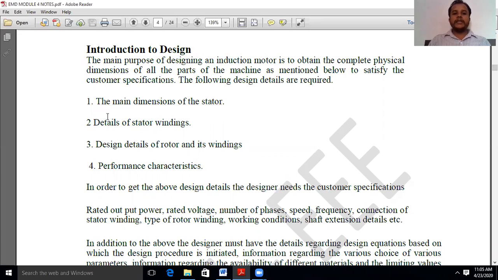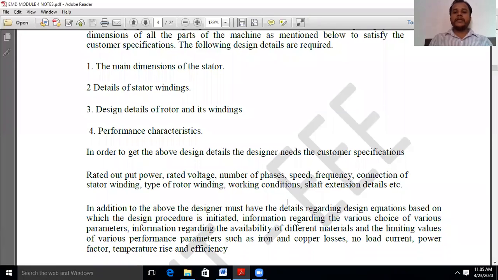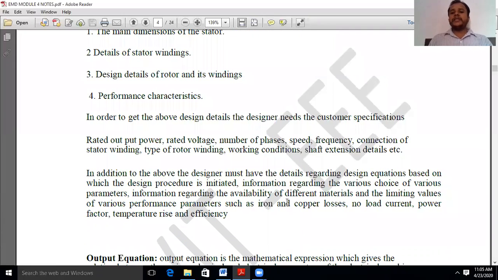Second, detail of stator windings. Then design detail of the rotor and its winding. Then performance characteristics. In order to get the above design details, the designer needs the customer specifications. After getting the specification from the customer, the designer can design the particular dimensions.